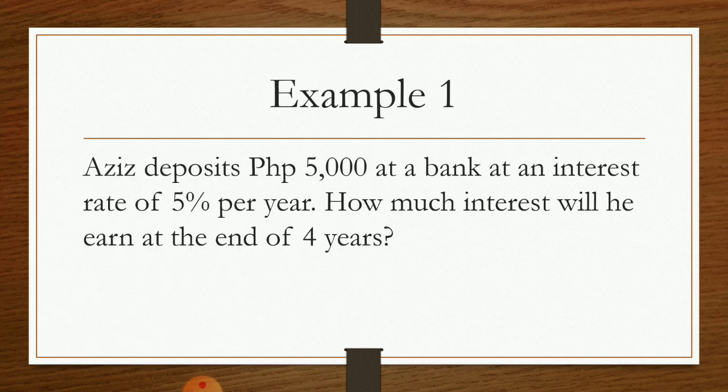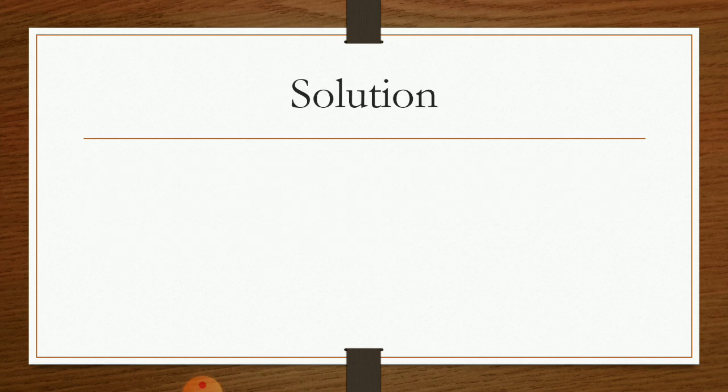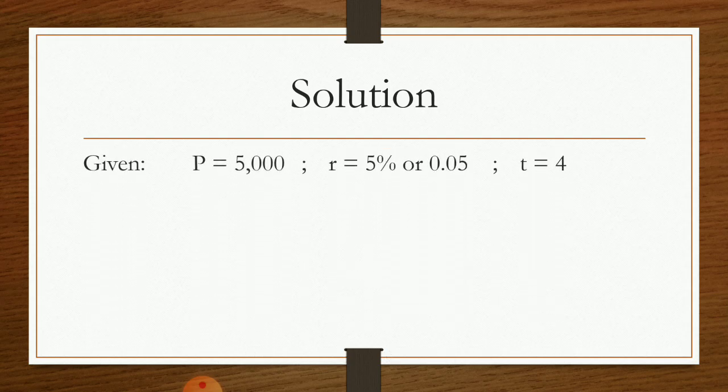For example, Aziz deposits 5,000 Philippine peso at a bank at an interest rate of 5% per year. How much interest will he earn at the end of 4 years? For the solution, from that problem, the given are the principal is equal to 5,000, the rate is 5%, or that is 5 divided by 100, or that is 0.05.